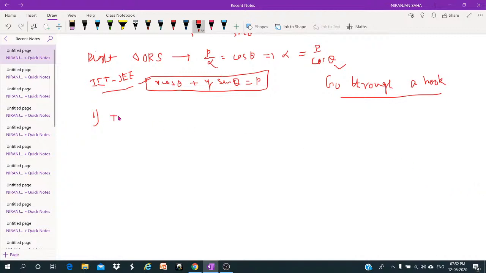This is called the distance form, symmetric form, parametric form.